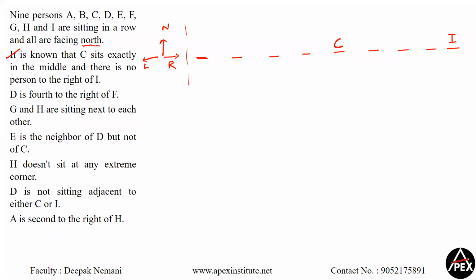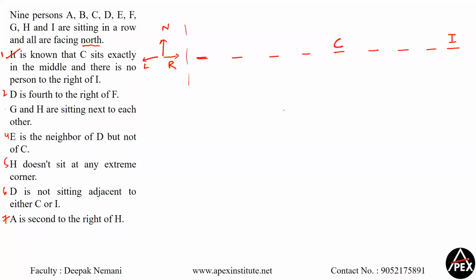Now which statement should I consider now? Sixth. Let me number this: 1, 2, 3, 4, 5, 6, and 7.